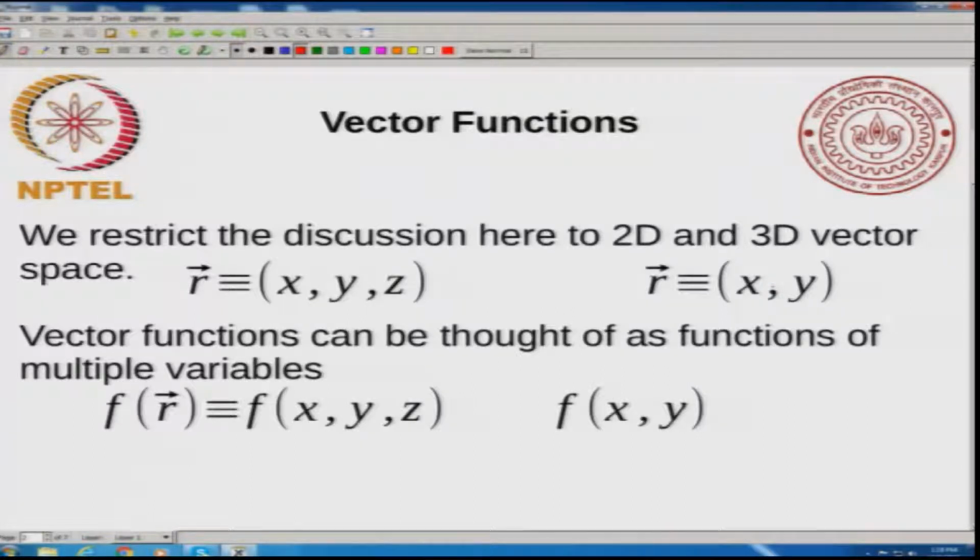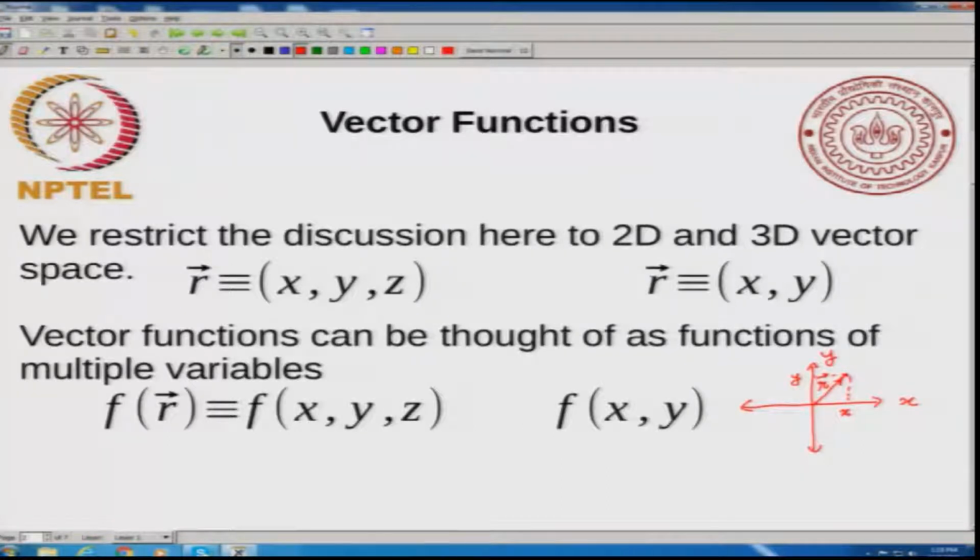To illustrate, if you have 2-dimensional space, you have x, you have y, and suppose you take an arbitrary point, you can think of this as this vector R. These are the x and y coordinates. So, you can think of a vector as a point in this 2-dimensional coordinate system, and therefore I can represent it as R, which has 2 components x and y, and in 3D space R has 3 components x, y, z.